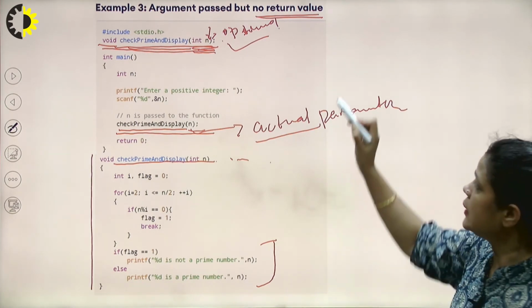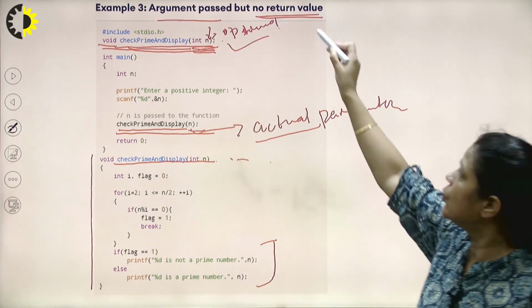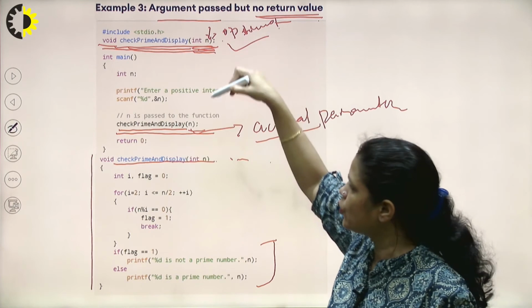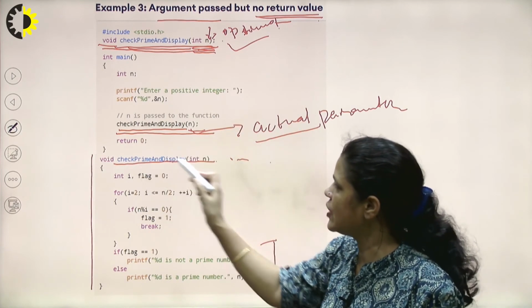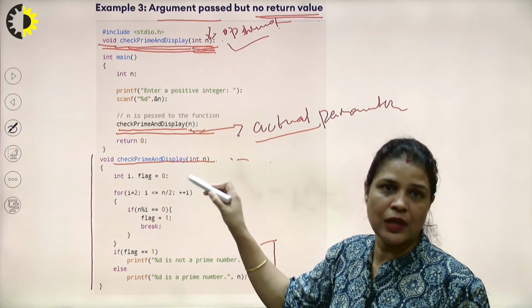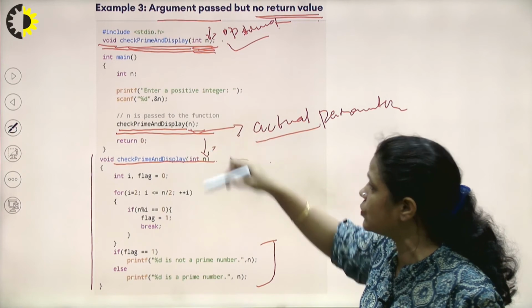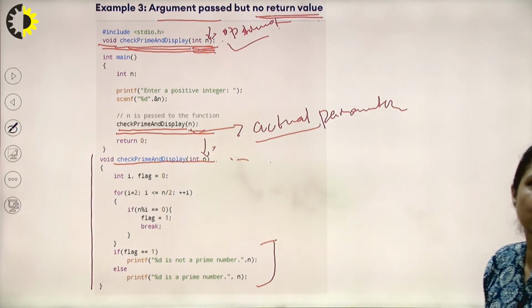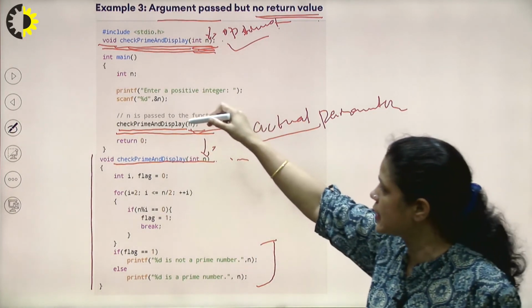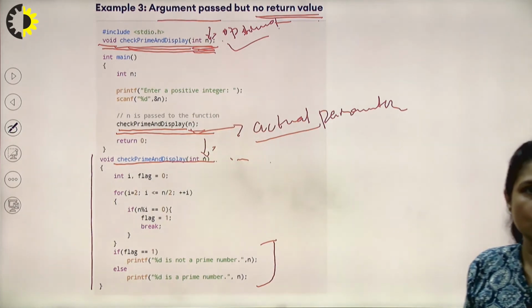See carefully, here we are passing an argument but no return value. We are passing an argument. It means this function will not take any input value itself; the input value will be passed directly through main. At the time of calling, we are passing this n, and that n is copied into this n, right? So what is happening?